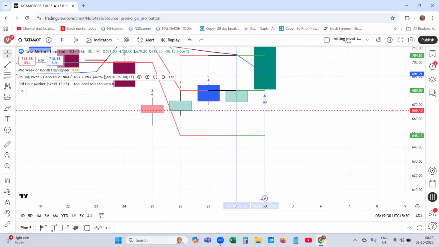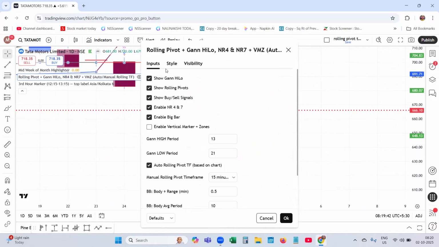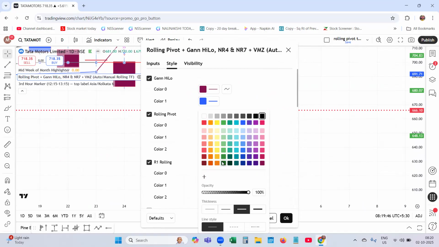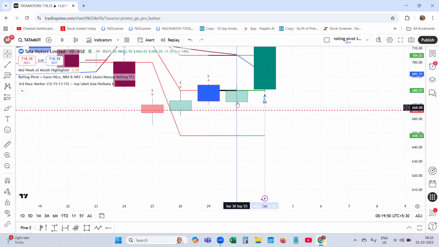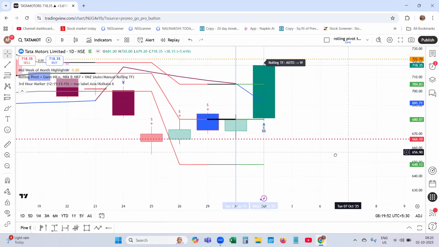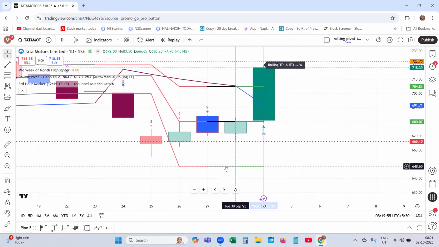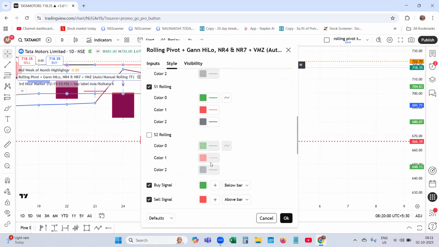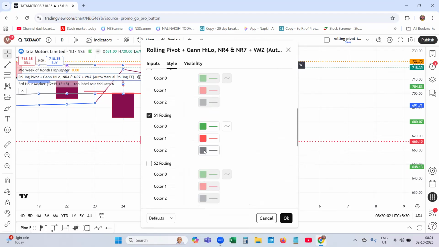Let me go to the settings and make it a little bit darker so that you will see the neutral change in the pivots. Let me do it for the support also, Support S1 rolling.